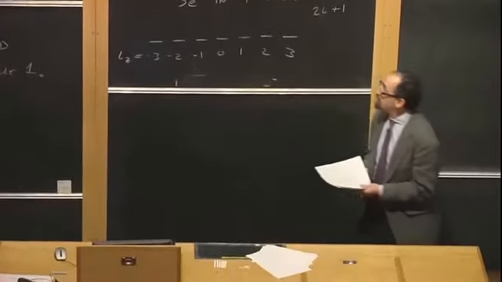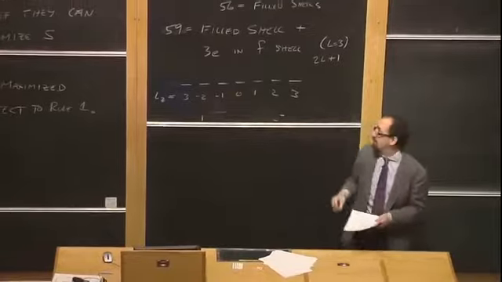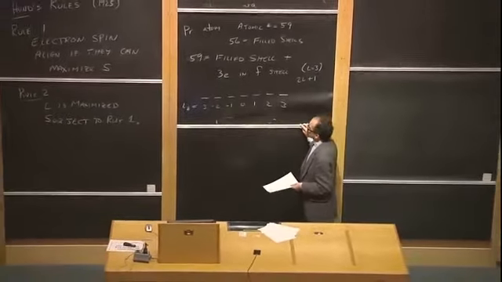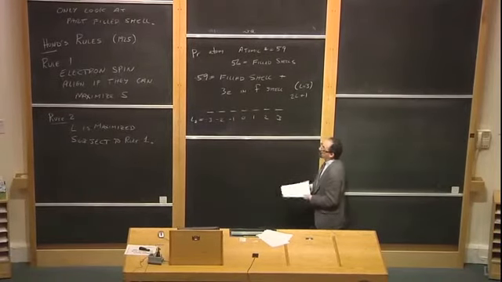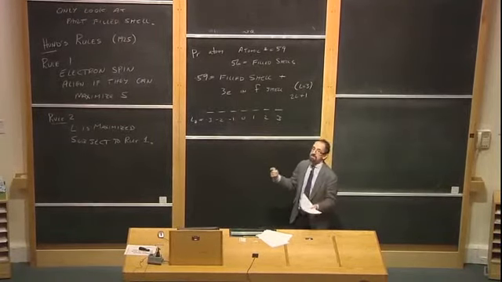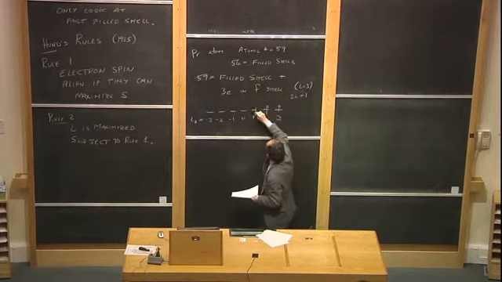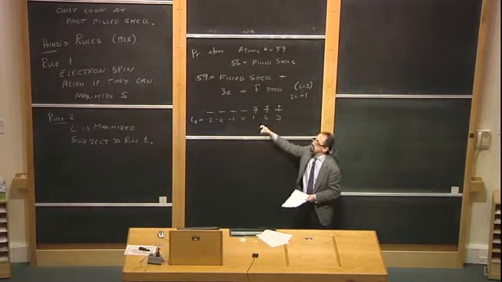Now, Hund's first rule says that the electrons we put in have to have their spins aligned. So we know we have to have aligned spins. And then what we want to do is maximize L subject to the condition that all the spins are aligned. So let's try to maximize Lz. We would do that by putting the electrons as far to the right as possible, and we would get Lz equals 6, 3 plus 2 plus 1.